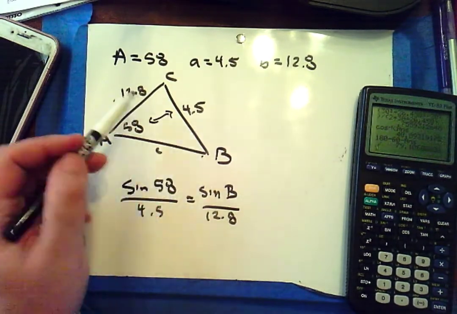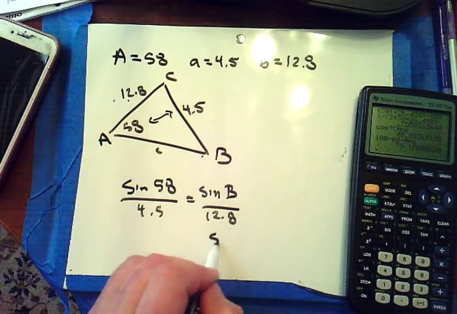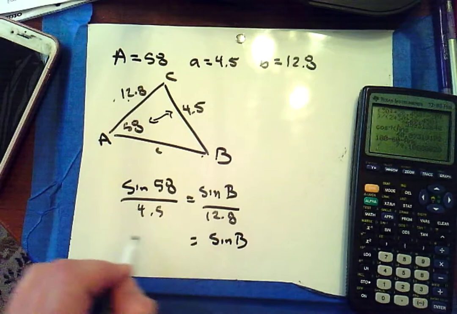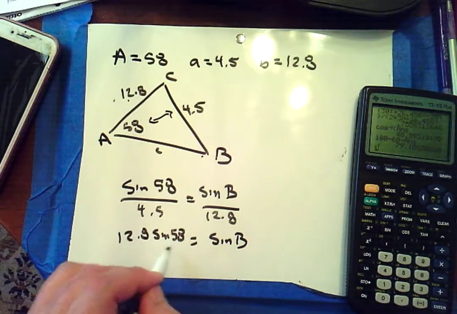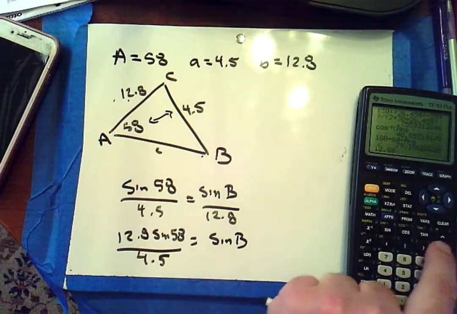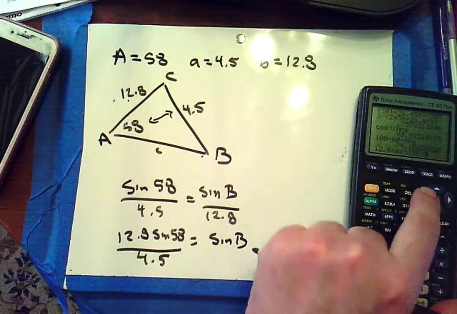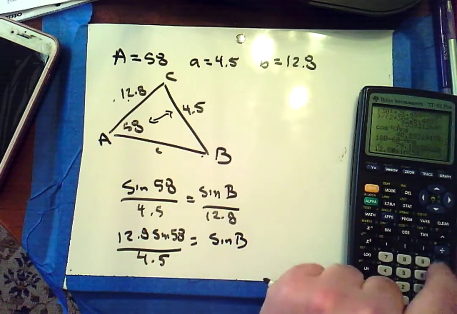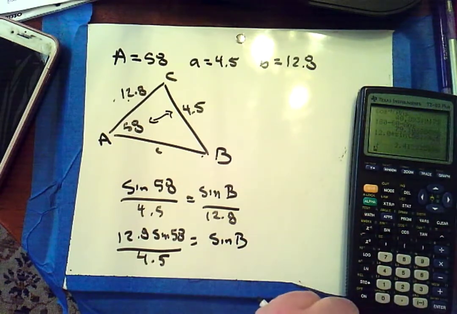I have to use b because I know the side across from it. So then the sine of b will be 12.8 sine of 58 over 4.5. I'm sorry, not divided by, but 12.8 times sine of 58 divided by 4.5.